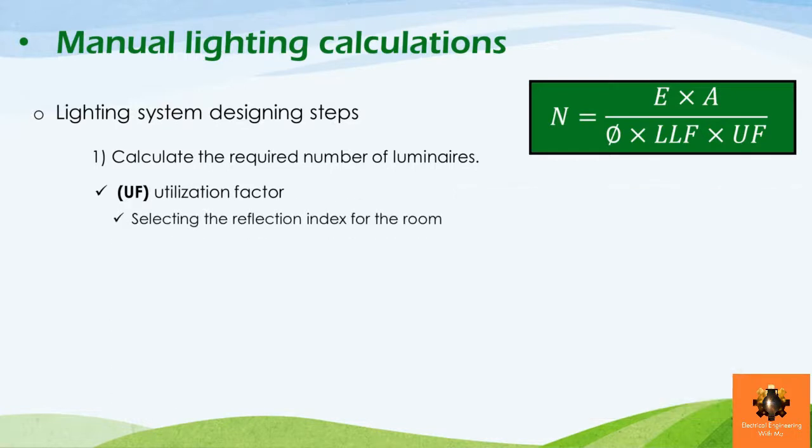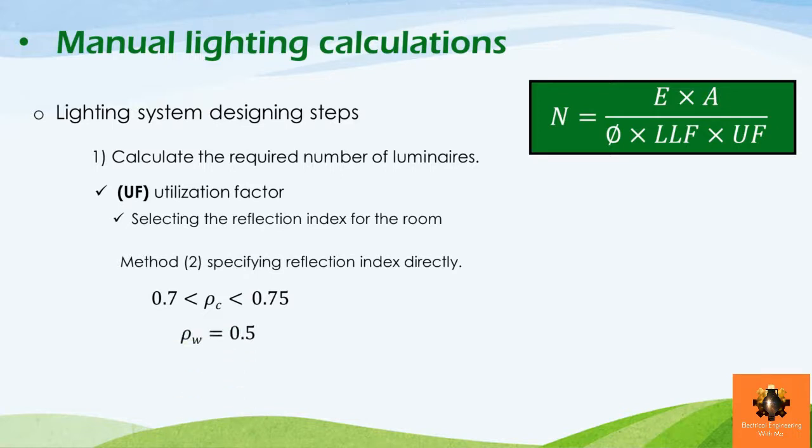But suppose we have another case at which we don't know what the colors of the room are. Here we need to enter the reflection index of the room directly, and in that case we assign the ceiling reflection index a value which ranges from 0.7 till 0.75, for the walls reflection index we enter 0.5, and finally for the floor reflection index we enter a value from 0.2 till 0.3.